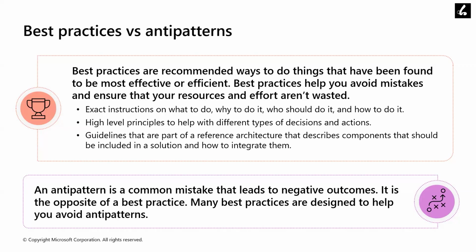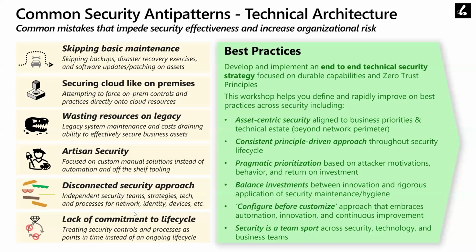Having secure measures like biometric access to our data center, to our office, that is a best practice. So here are some common security anti-patterns as you referred. These are very common mistakes that we make, which affect our security effectiveness and increase the organizational risk.